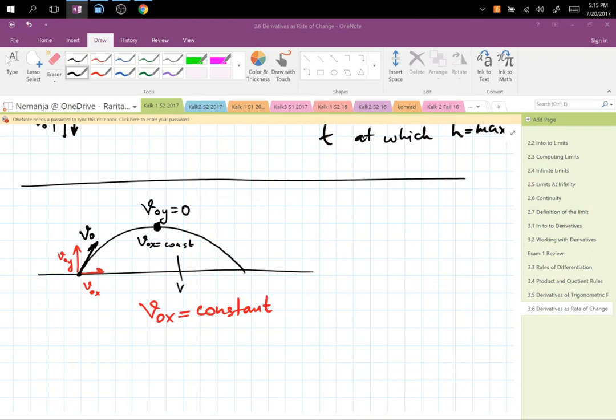Yes, this one is x. The bottom one is constant. That one doesn't change. And the top one is constant. So now this all happens in time. So at this point, there is only a horizontal component that is shooting straight forward.